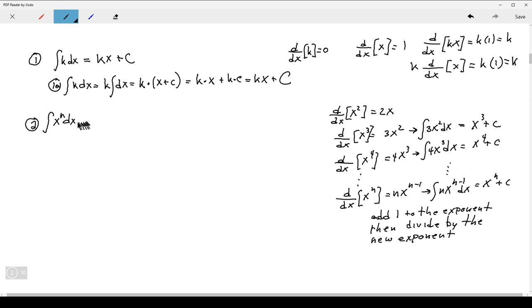So if we apply that up here to this, we add 1 to the exponent, and then we divide by the new exponent. All right, and this is the power rule for antiderivatives.